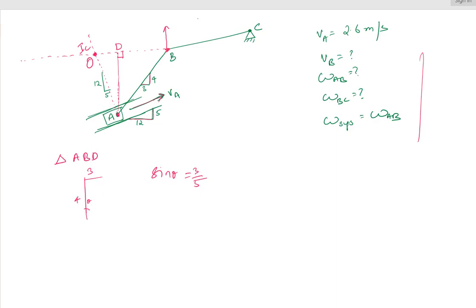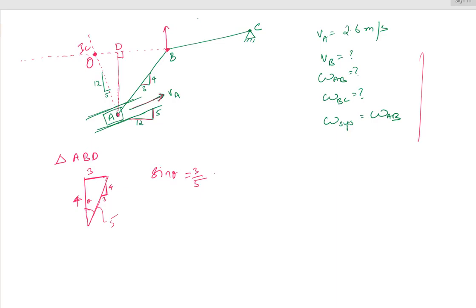I'm sure you know all of this, but I want to make it as clear as possible. The hypotenuse itself is 5, but that is given as 4 and 3, because this is rise over run. The slope of this hypotenuse is rise 4 over run 3. So the horizontal part is 3, and the vertical part is 4. So that's why sine theta is 3/5.